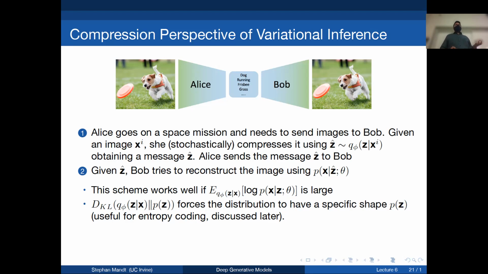The reason is essentially the following. There's a reason why you don't do that for data generation, and there's a reason you don't do it in data compression. When you care about generation, it turns out that if you don't have this KL term, then the empirical distribution of encoded images in the latent space will look highly irregular.